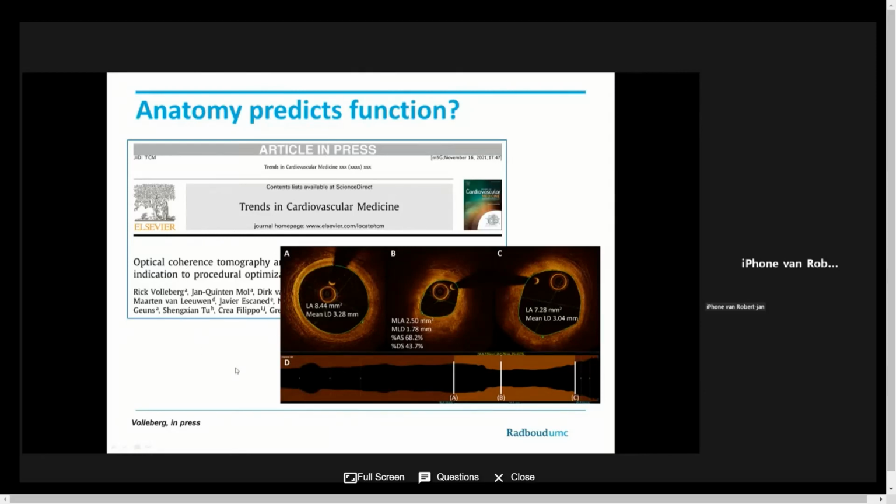Of course, we have to have some identification. We worked on a review, which has just now been in press. But then, of course, you look at the reference area, the MLA, the MLD of this lesion based on the OCT, which is much more accurate than on the QCA, and then the distal reference area.